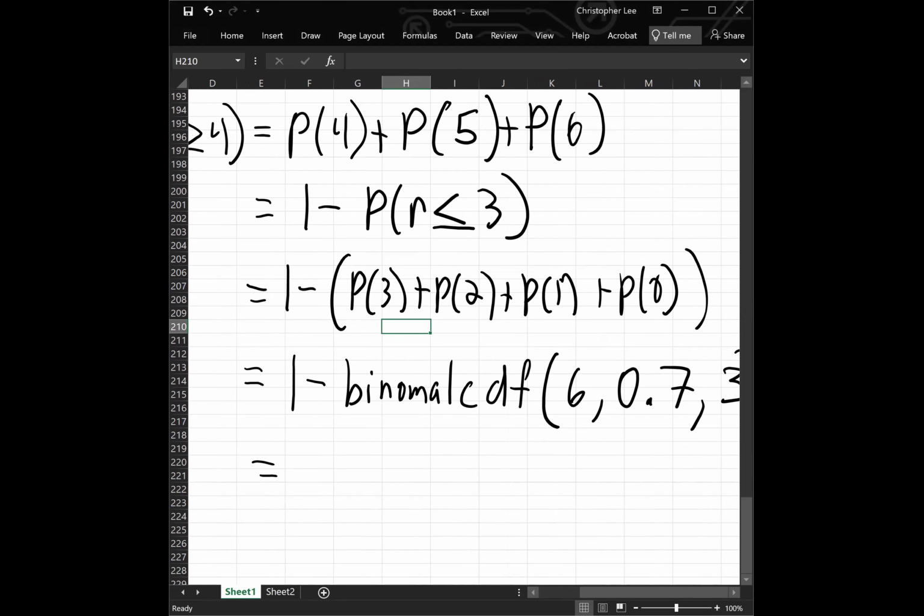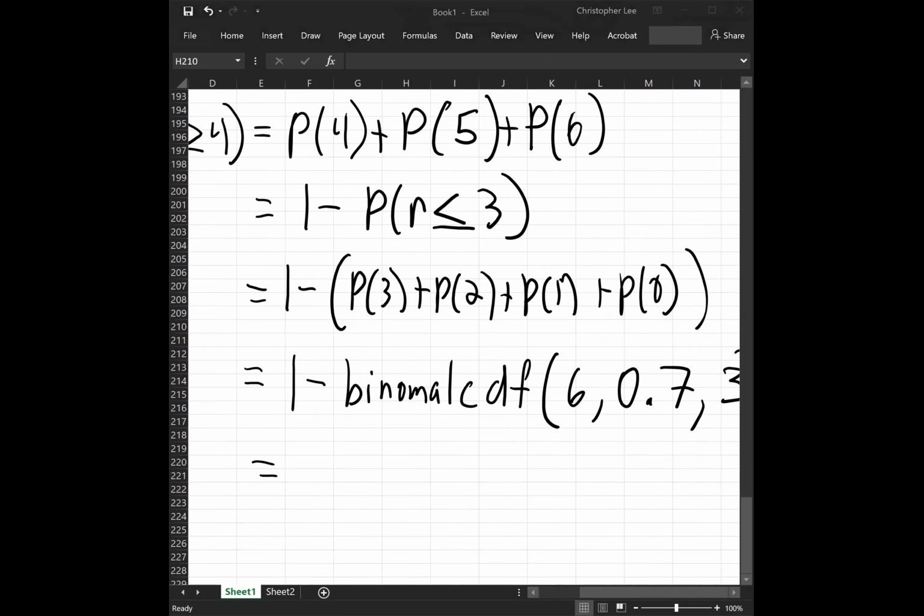So for me, I'm gonna do 1 minus, then you go second distribution, go down to binomial CDF. My N is 6. My probability of success was 0.7. And my X value here was 3 because I want 3, 2, 1, 0.